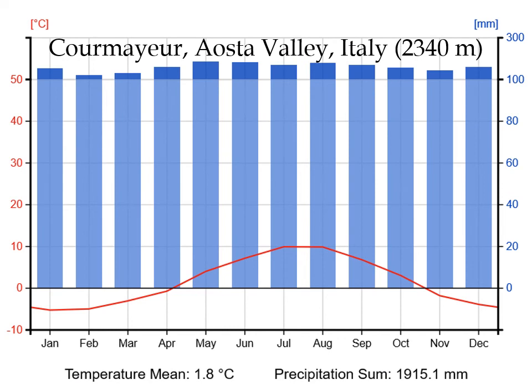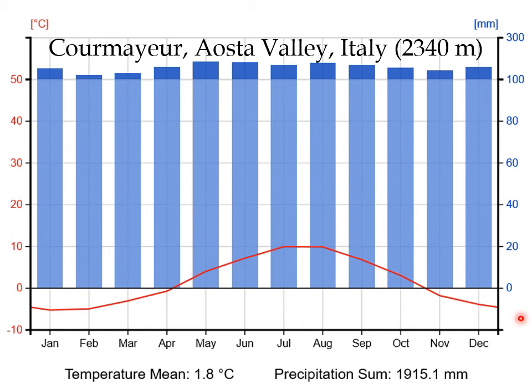This is a typical climate graph from the high mountain. We can see how precipitation is very high. It's almost as high and regular as in the equatorial climate, but the temperatures are much lower.